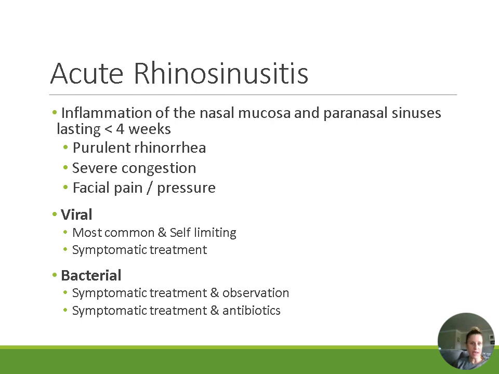This refers to inflammation of the nasal mucosa and paranasal sinuses that lasts less than 4 weeks. This is acute. After 4 weeks, we call this chronic. Signs of acute rhinosinusitis include purulent rhinorrhea, so a mucousy, runny nose.